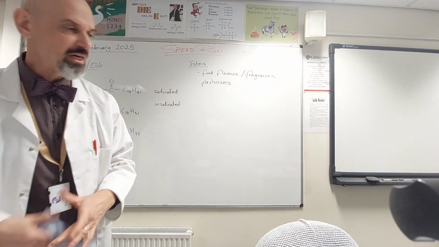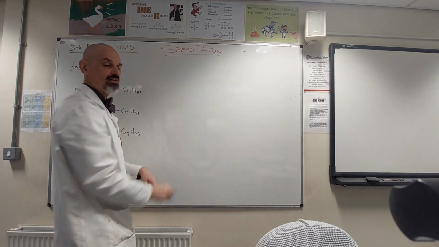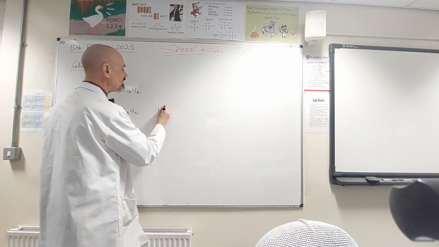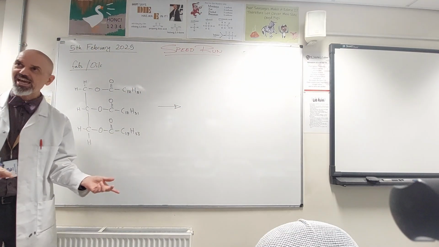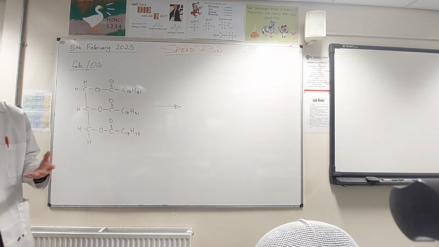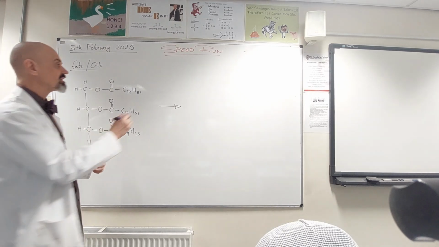Because our oils and fats are made of esters, we can react them in the reverse reaction of the esterification reaction. We can break the ester bonds apart, and that reaction is called hydrolysis.